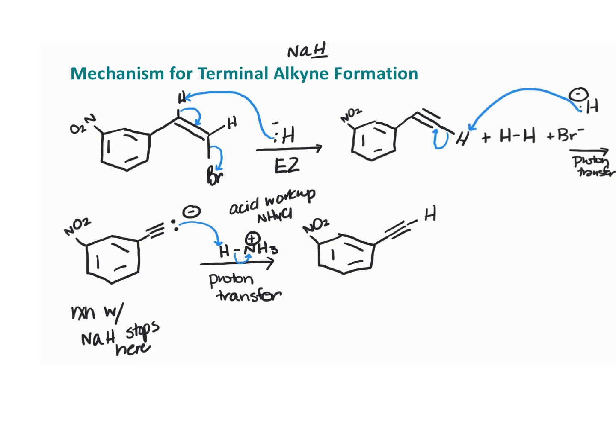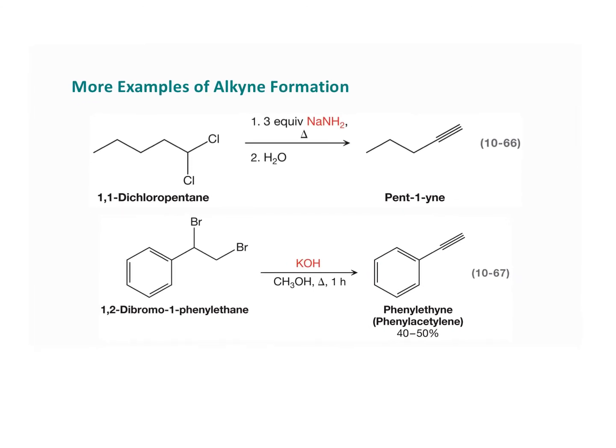Now, elimination reactions that produce alkynes are particularly useful, as I mentioned, when we begin with a dihalide, such as 1,1-dichloropentane, which is shown here, or 1,2-dibromo-1-phenylethane. Notice that here we have 3 equivalents of NaNH2, in which the Na is the spectator ion, so that's really NH2 minus, right?